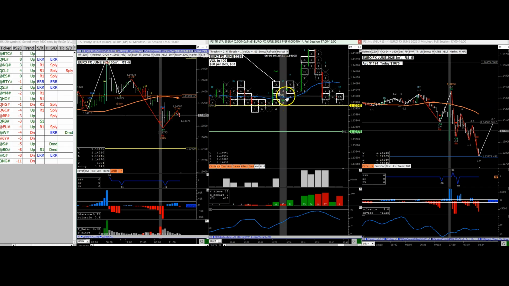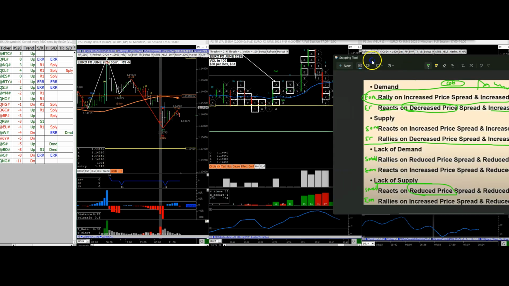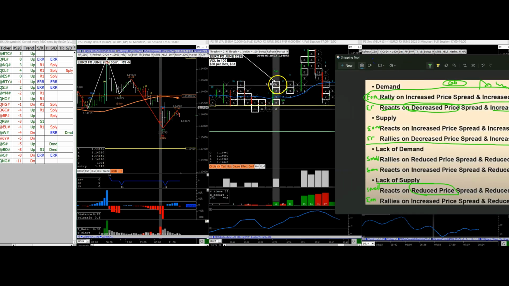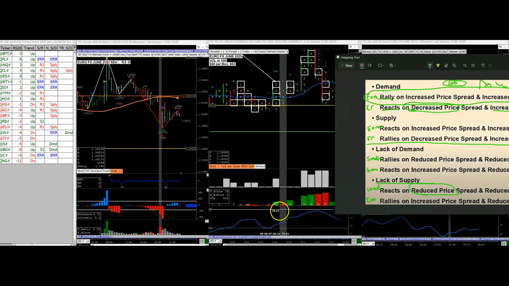If it is low volume and decreased spread, it is a lack of supply. If it is high volume, decreased spread, it is effort reward. Both are bullish. So this situation is, first you have demand as indicated by rally on increased price spread and increased volume, followed by this situation where you have decreased spread with a lot of volume.